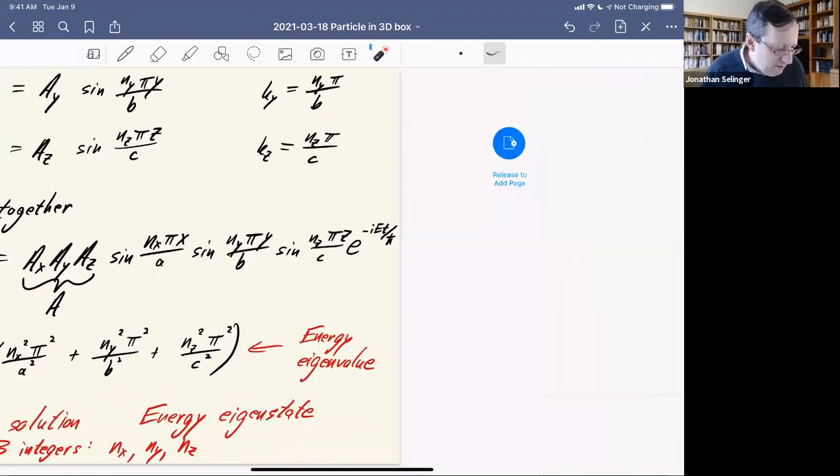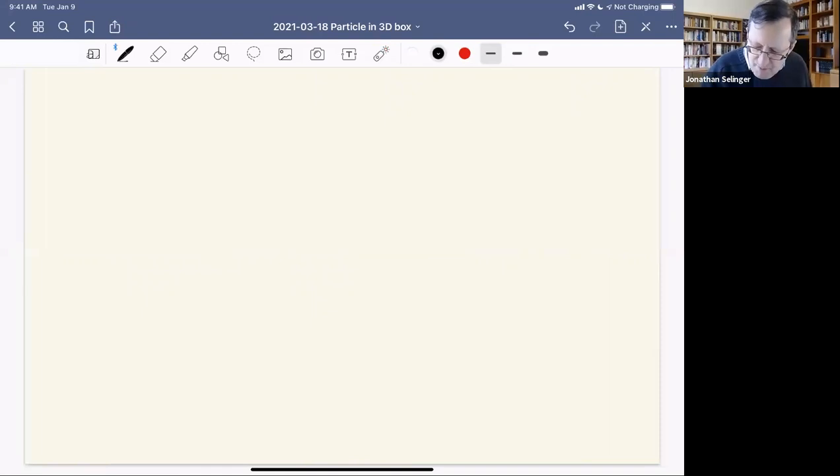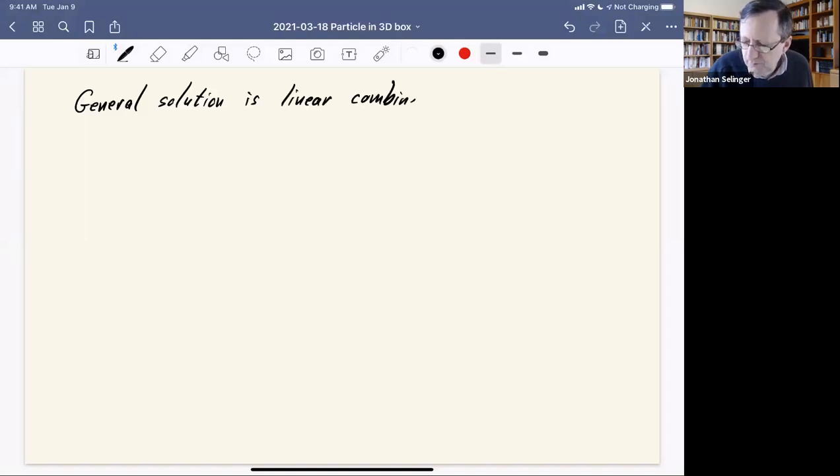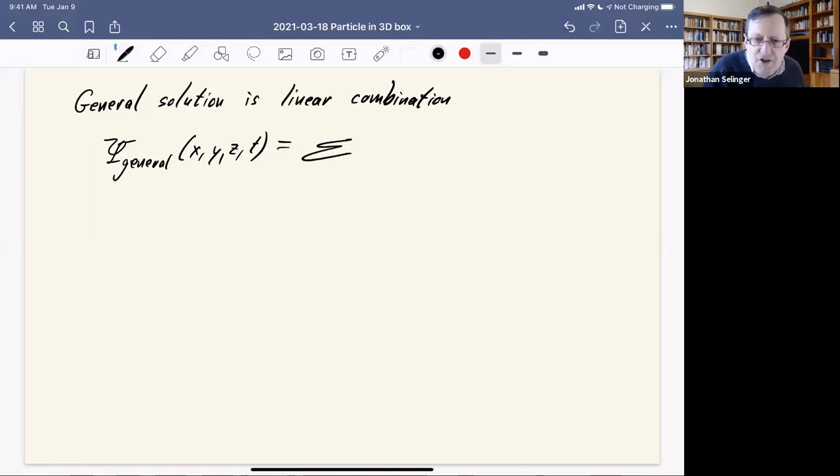Okay, so now we need to put them together to make a general solution. The general solution is a linear combination. So we could say that psi general as a function of x, y, z, and time is the sum over special solutions.